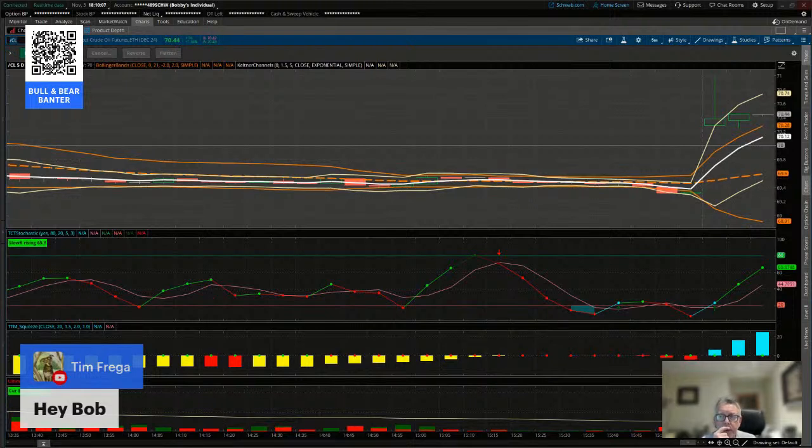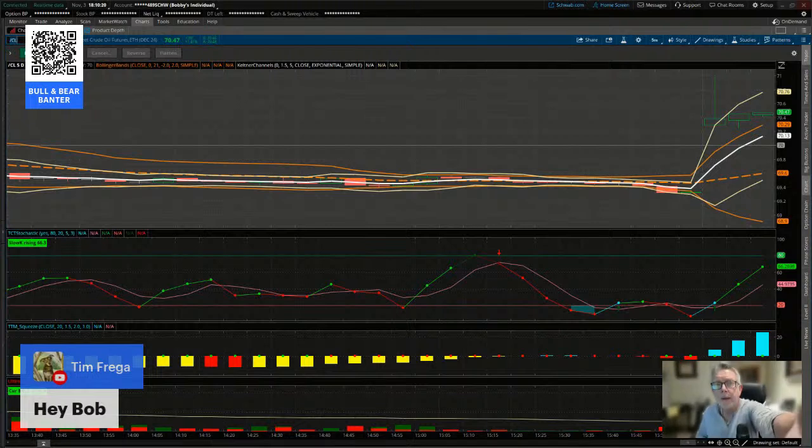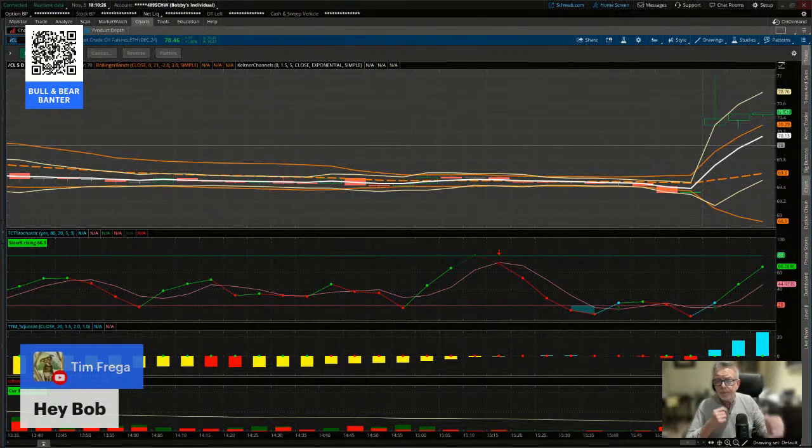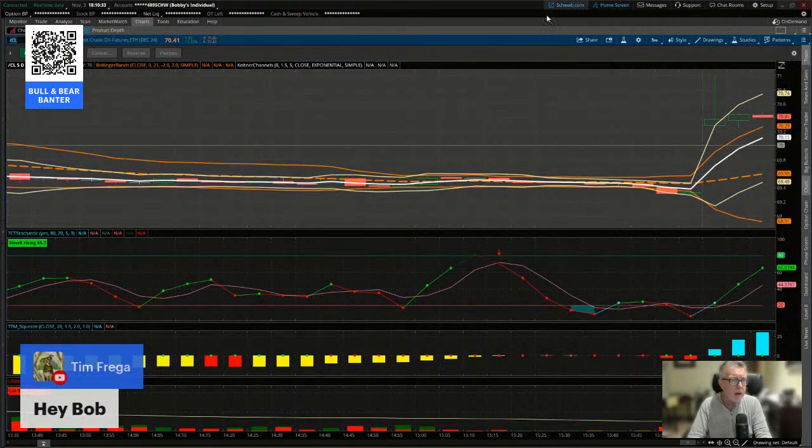So if Kamala wins, they will probably bid oil. If Trump wins, oil will probably sell off because he's promising to produce more of it. And that he's hoping will help stoke GDP growth here in the United States.